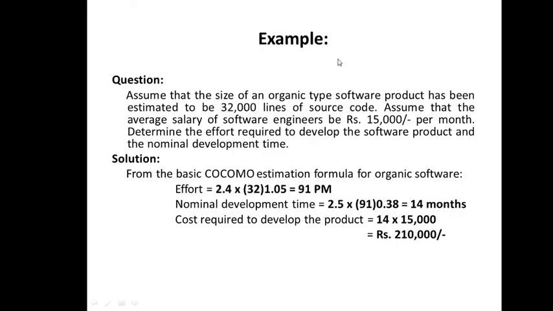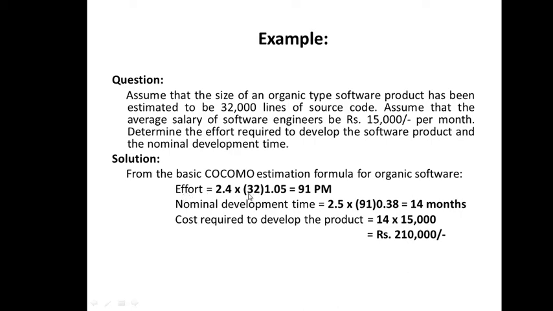Now take an example to understand this, right? Assume that the size of an organic type software product is given in the question as 32,000 lines of source code. LOC is 32,000. So remember I said numerically whenever it is LOC you need to convert it into kilo lines of code and then substitute it in the expression of effort.